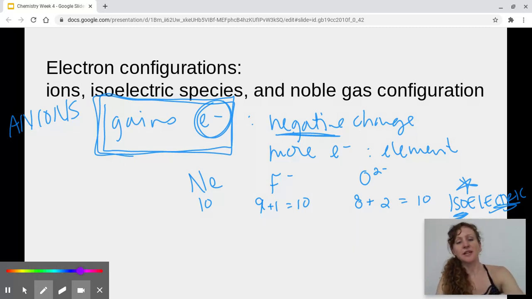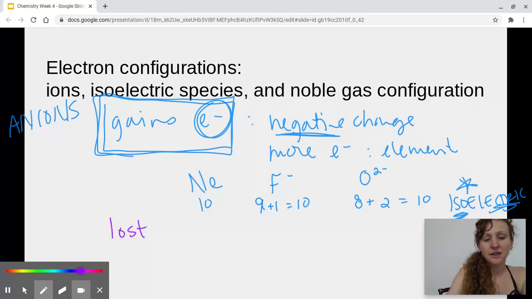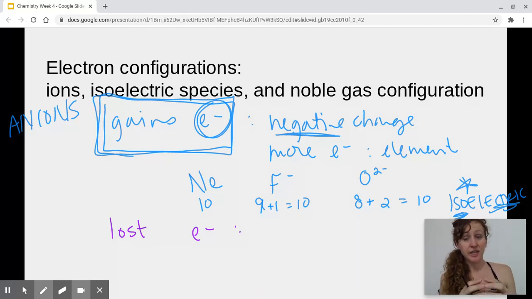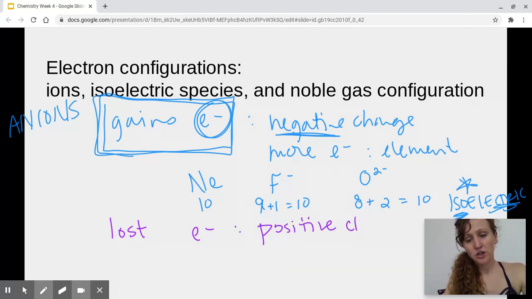All right, let's do the opposite. If something has lost an electron, remember, an electron is a negatively charged thing. So if you lose things that are negative, you're going to become more positive. So atoms that have lost electrons are going to have a positive charge. And the positively charged ion is going to have fewer electrons than the atom.